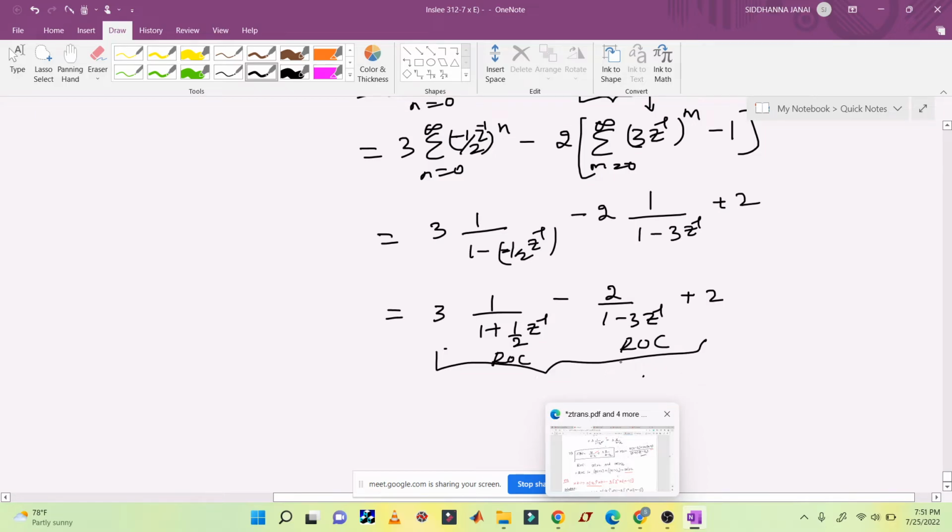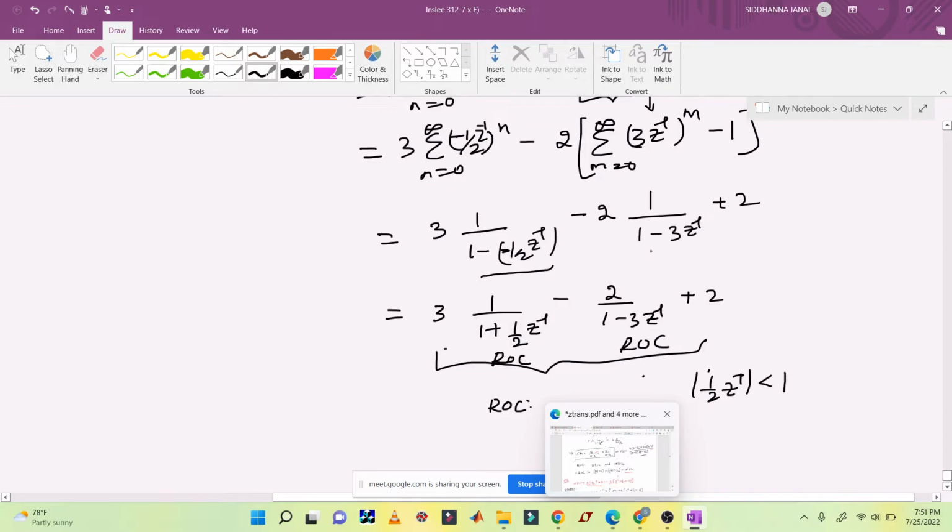ROC of this one is, for a right-sided sequence, the ROC of this sequence is magnitude of 1 by 2 z inverse less than 1.